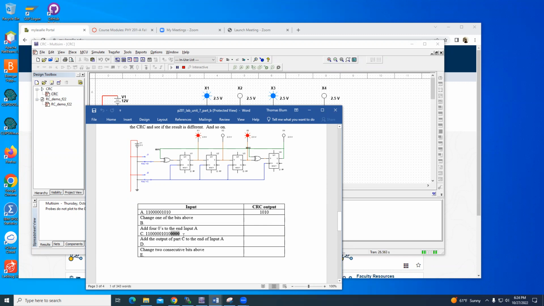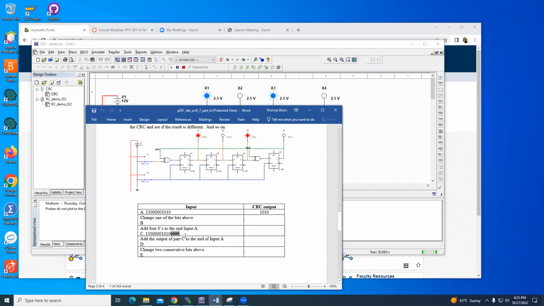Then we discussed that you should really set it up so that what the receiver is going to look for is a 0. So I take my original data and put 4 zeros on the end and see what I get. And then I take the original data and put that on the end.